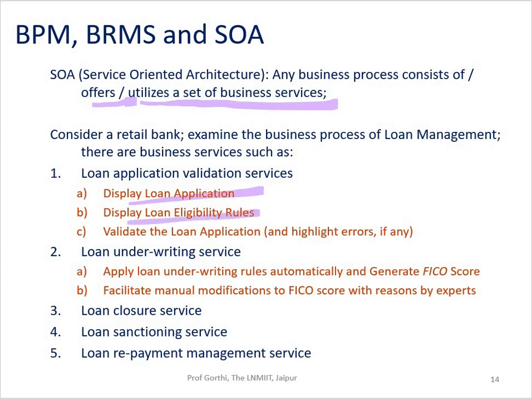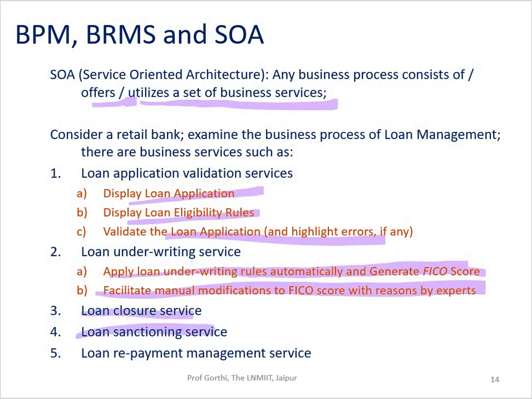I can have a display loan eligibility rule. I can validate the loan applications. For underwriting, I can apply loan underwriting rules automatically and generate the score. I can facilitate manual modification to the score with reasons by some experts. I can go ahead with loan closure activity. I can go ahead with loan sanctioning. I can go ahead with loan payment management services as well.